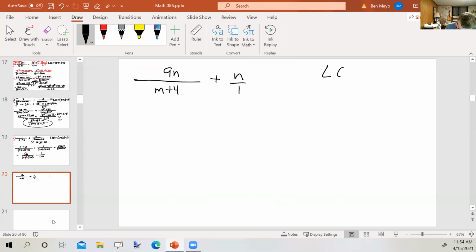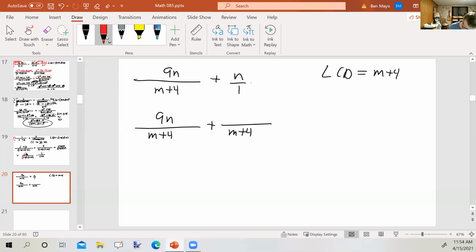So my LCD is just going to be m plus 4. The first fraction remains the same. The second fraction, we're going to multiply the denominator by m plus 4, consequently also multiplying the numerator by m plus 4.